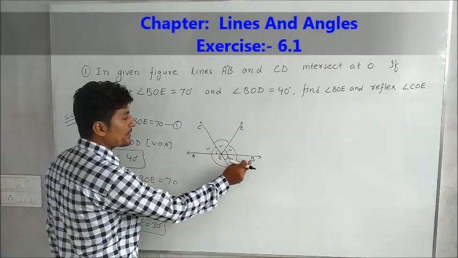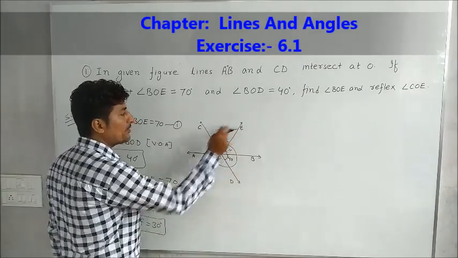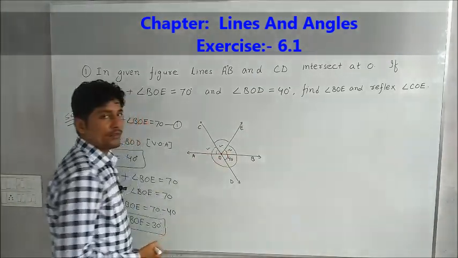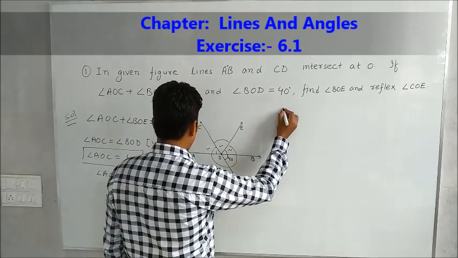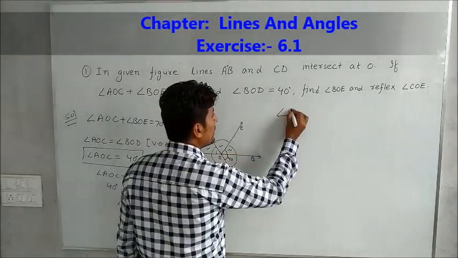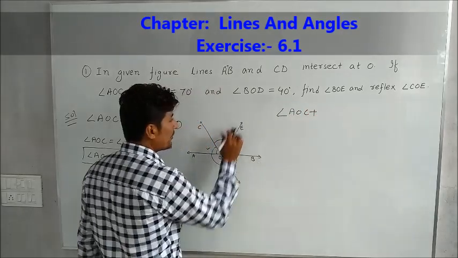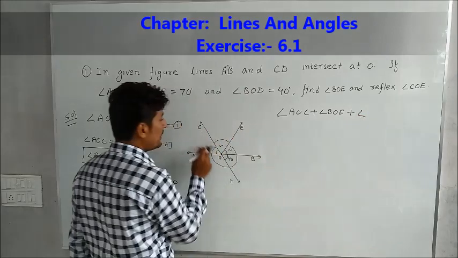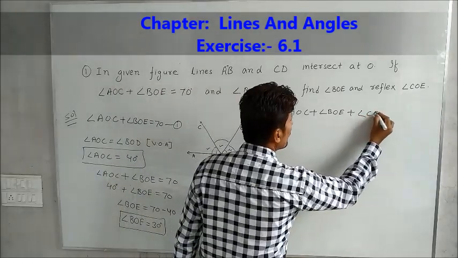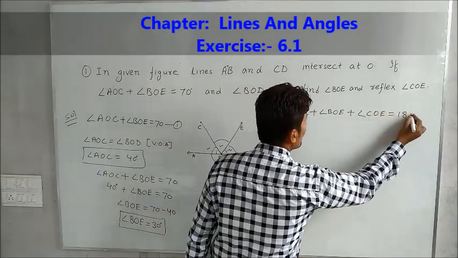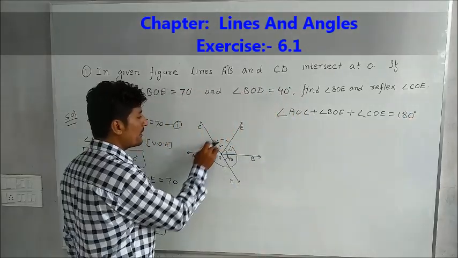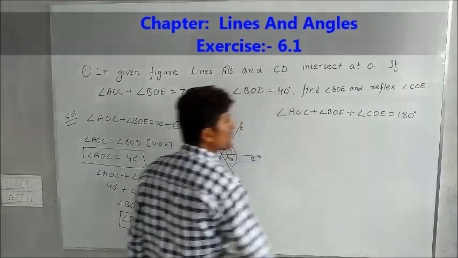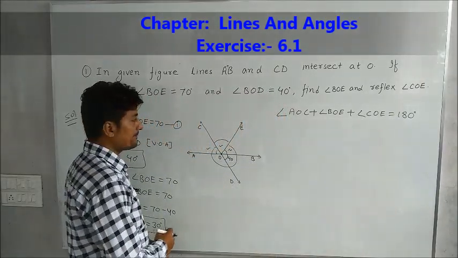Angle AOC plus angle BOE plus angle COE equals 180 degrees, because all these angles are formed on a straight line.